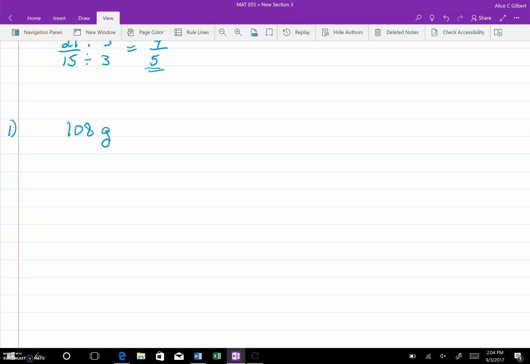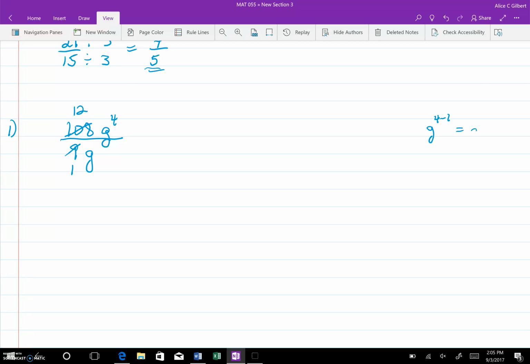108g to the 4th divided by 9g. Okay, so I always look at the numbers first. 9 can go into itself once and into 108 12 times. And then the g's are the same. So technically, guys, what I'm doing is subtracting the exponents, the bottom exponent from the top exponent.